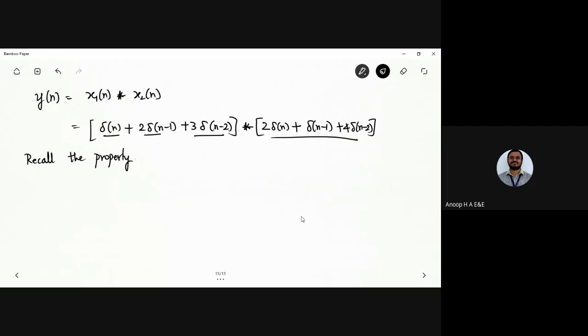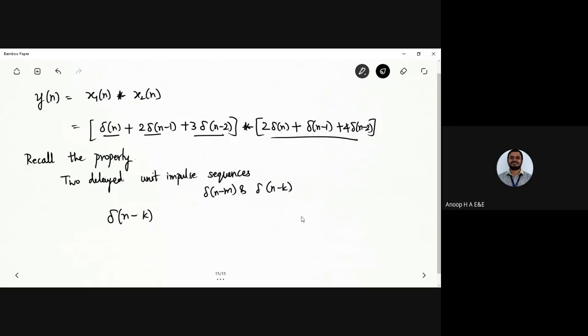Okay, so once you have two delayed unit impulse sequences, that is, generally I have delta of n minus m and delta of n minus k. Okay, so how would I generally use it? So delta of n minus k convoluted with, just a moment.